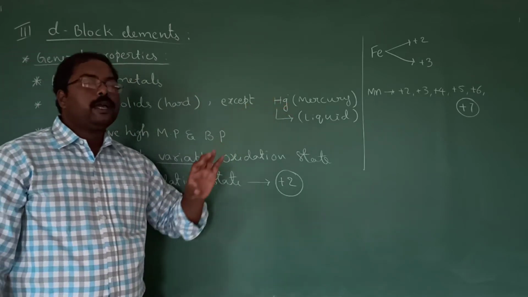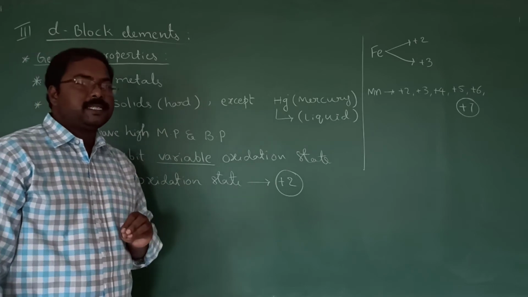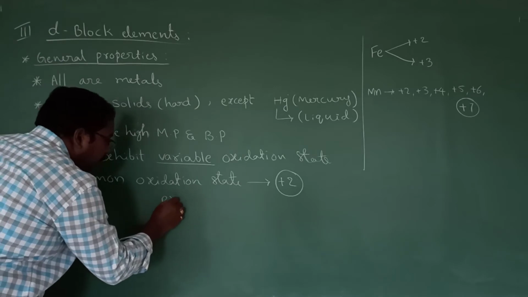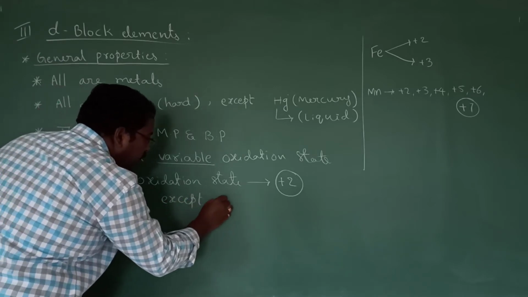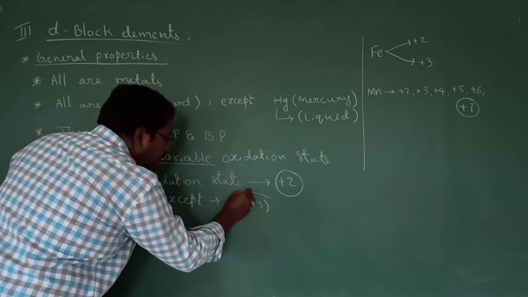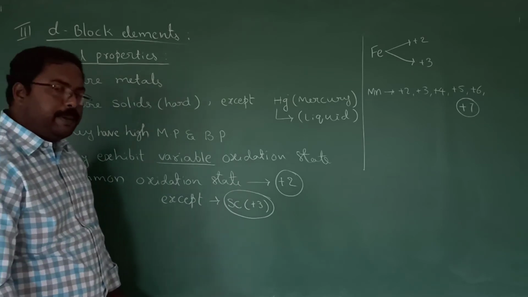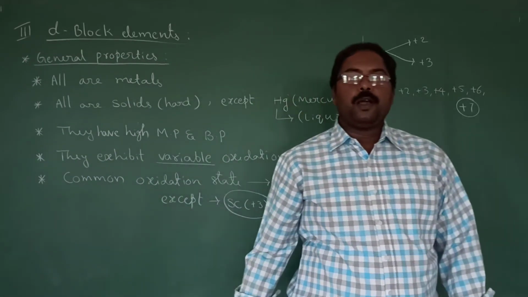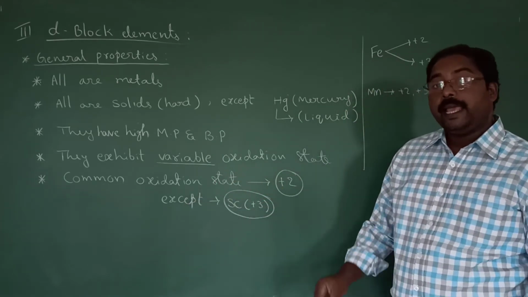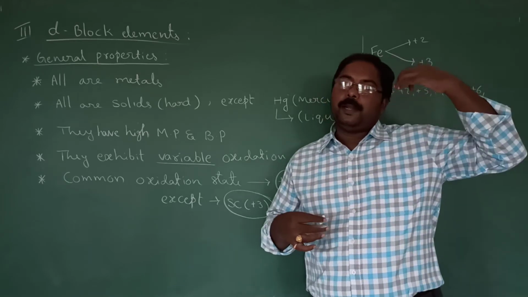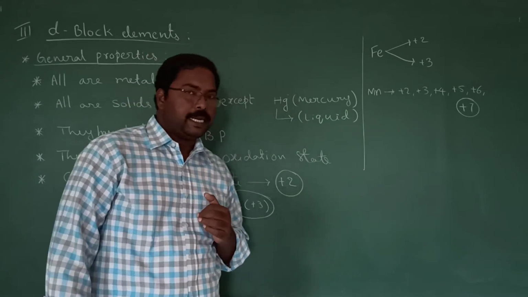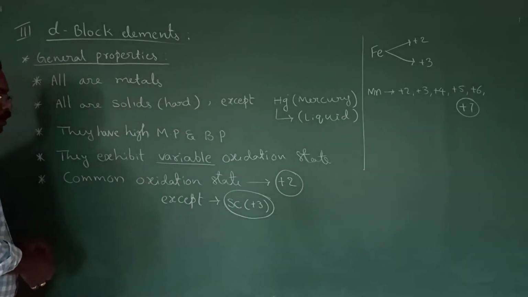So most of the D block elements exhibit +2 oxidation state. There is only one exception. Except scandium, which shows +3 oxidation state. Okay? Except scandium, most of these D block elements exhibit a common oxidation state of +2. They exhibit others besides +2, like +3, +4. But commonly most of them exhibit a +2 oxidation state. Okay? Note down.